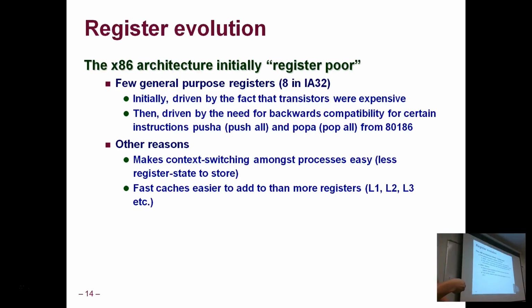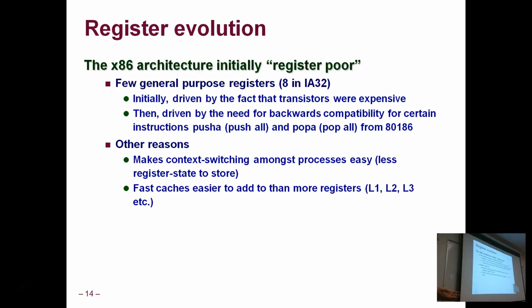The other process would find its registers in the stack and then would do a pop all. Now, if you change the number of registers in your architecture, you would have to re-implement this to push all 16 registers and then pop all 16 registers. So they didn't want to do that. That's one of the reasons why they wanted to keep the registers at 8.